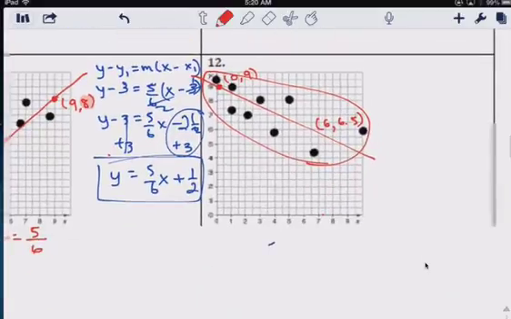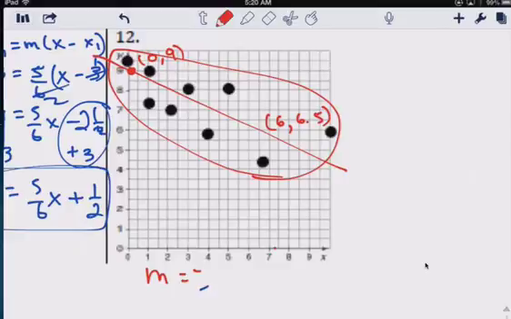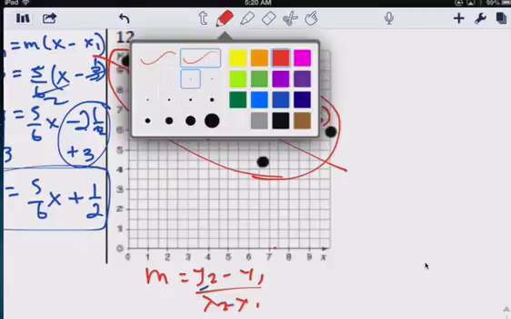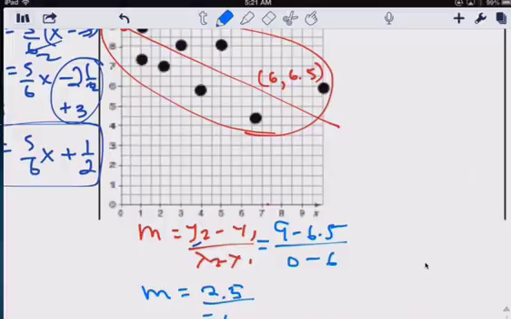Alright. So you find slope, y2 minus y1 over x2 minus x1. Change in y over the change in x. Y went from 9 to 6.5, and x went from 0 to 6. So you would get 2.5 over negative 6.